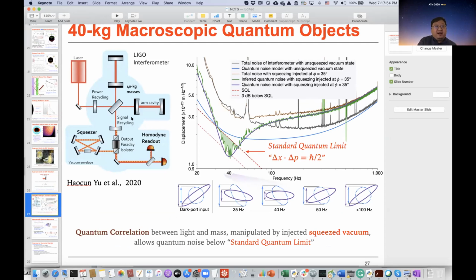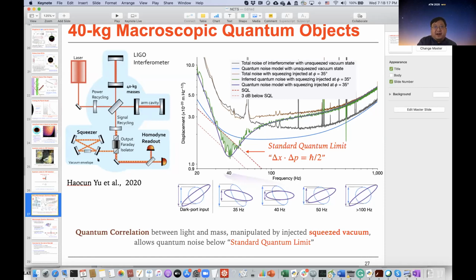Okay, so here I'm going to briefly show this noise curve. This curve shows the actual total noise that LIGO currently measures, and the quantum mechanical contribution from just quantum fluctuations would be this blue curve.